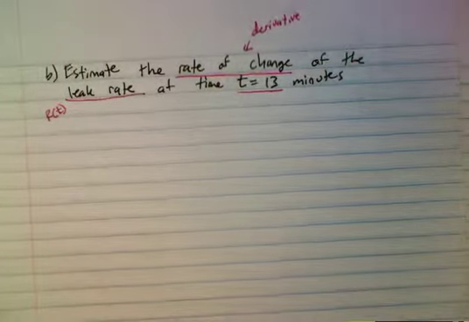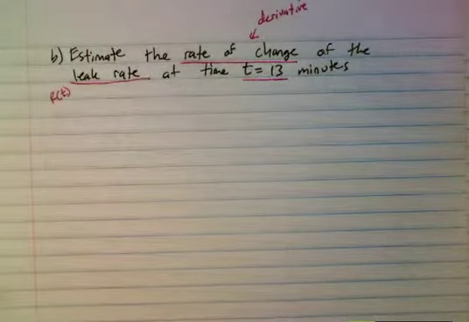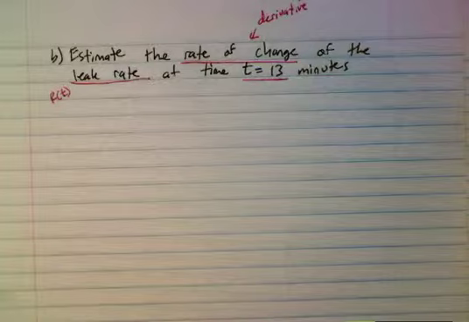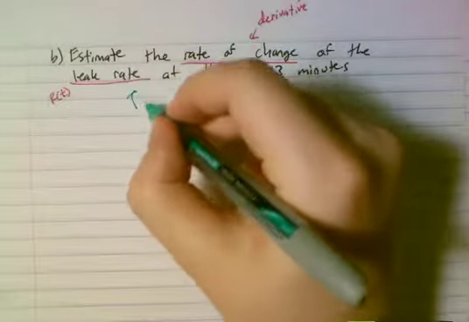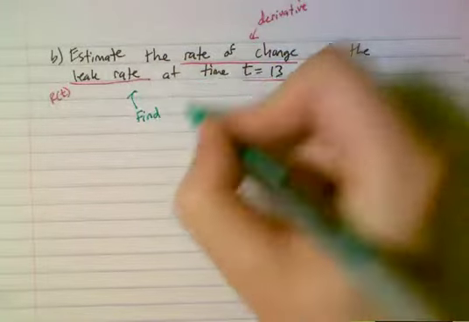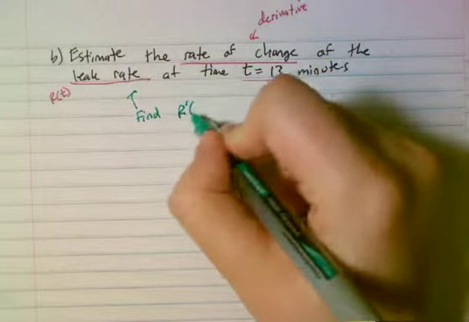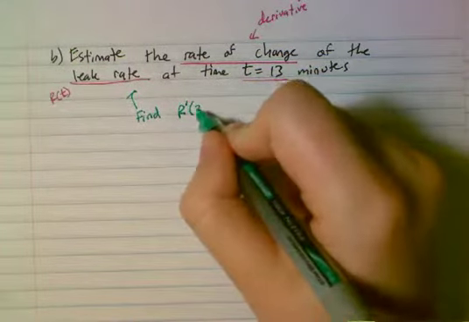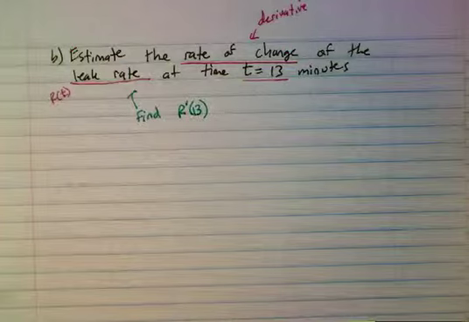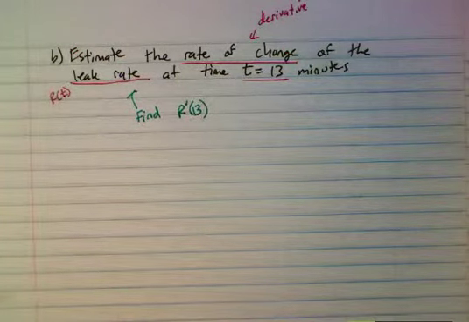So when we go to set that up, what this is saying is, find the derivative of R at time t equals 13. That's all this is saying.